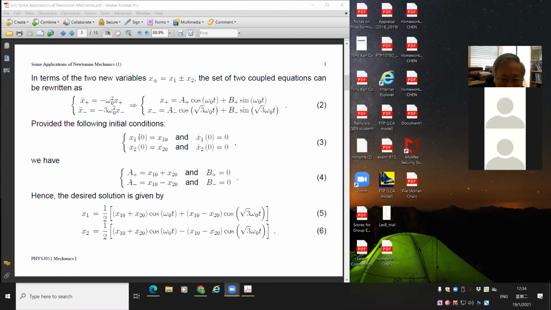say n is 100, then you have to figure out 100 new variables in such a way that all the 100 equations are decoupled. So this is not easy. So this method is good for the case of a few variables.